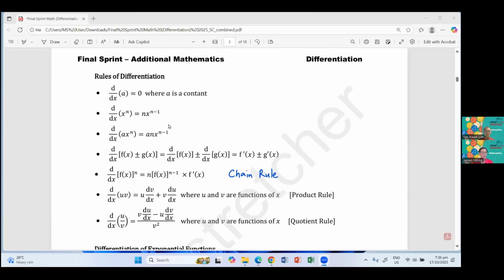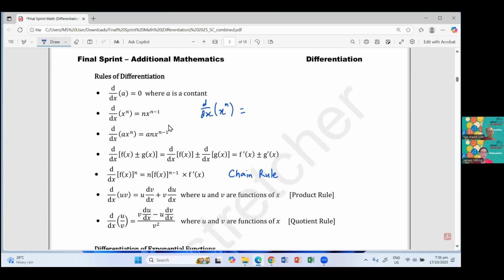Okay, so for some of you, a not so conventional method is that you can actually think of it this way: if I want to do d dx of x to the power of n, let me rewrite this a bit.